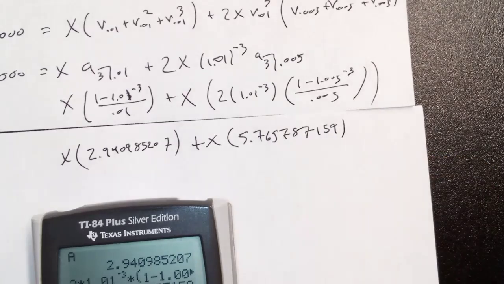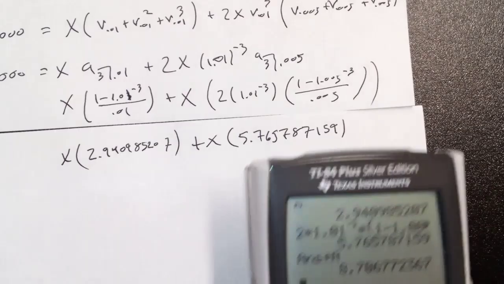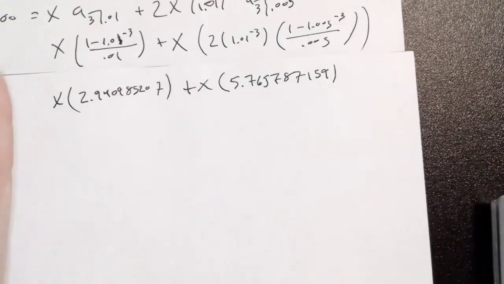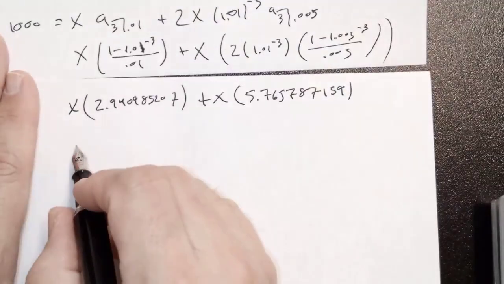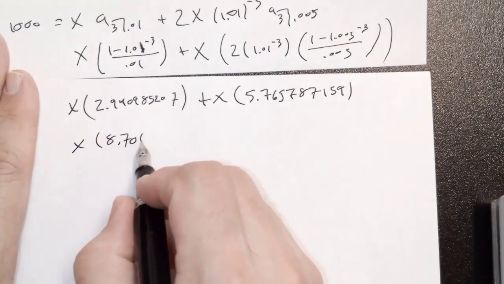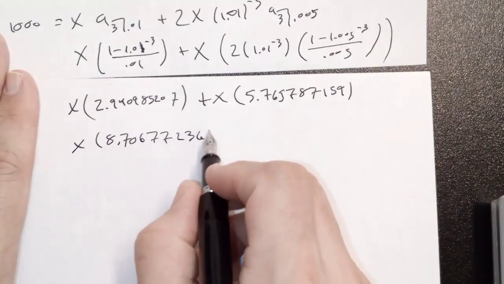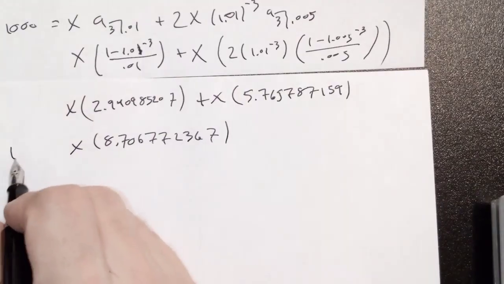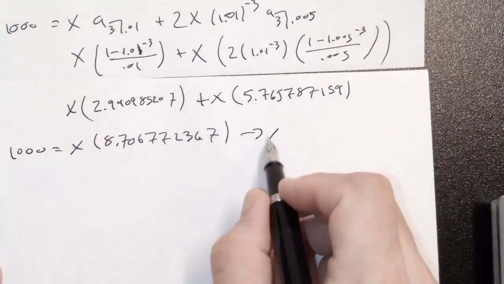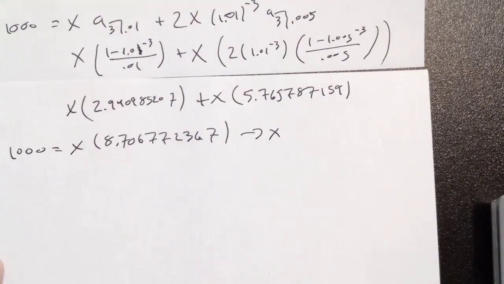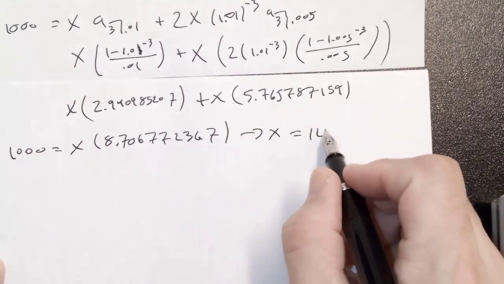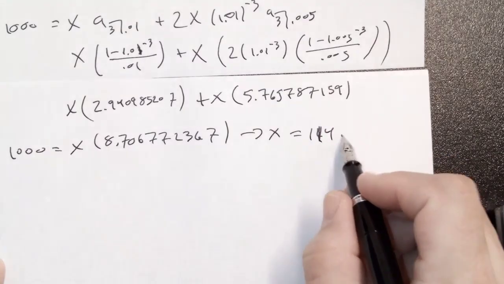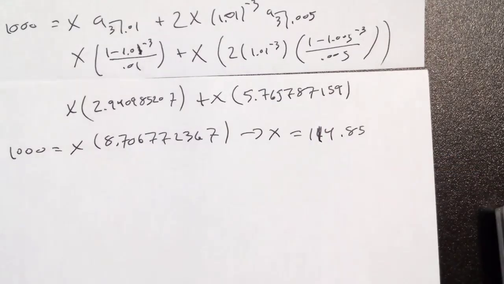I add those two numbers together, so I add A to that. And I get X times 8.706772367. So X is 1,000 divided by that number, $114.85. Well, technically it's 85.3 cents. I'll round down for the moment.